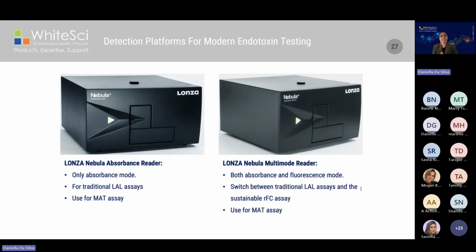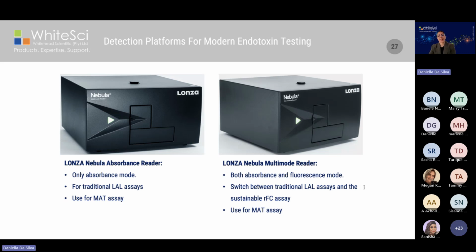And that leads us to this. As endotoxin testing workflows become increasingly quantitative, instrumentation now plays a much more significant role in ensuring the reliability and reproducibility of our results. The ideal platform should not only support the assay formats being used, but also provide consistent environmental control. It has to give accurate data acquisition and streamlined data analysis.